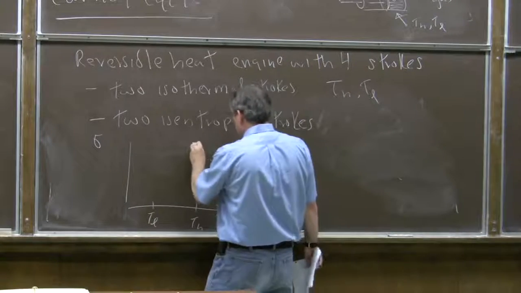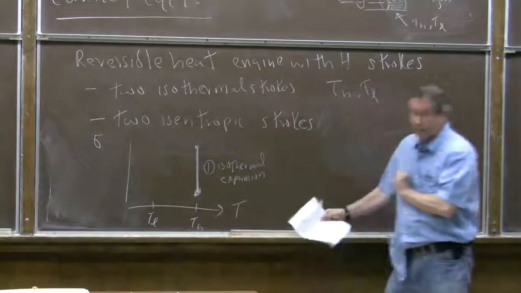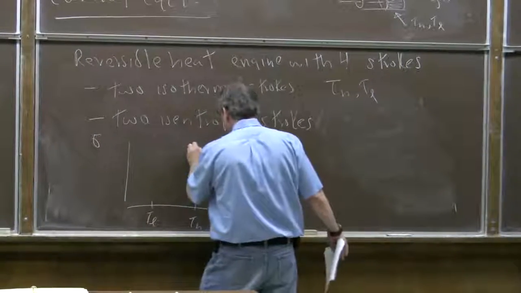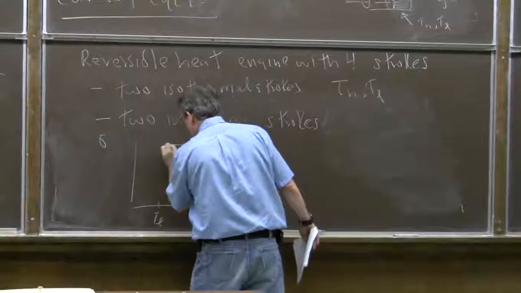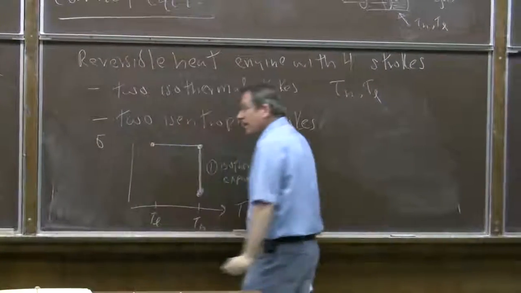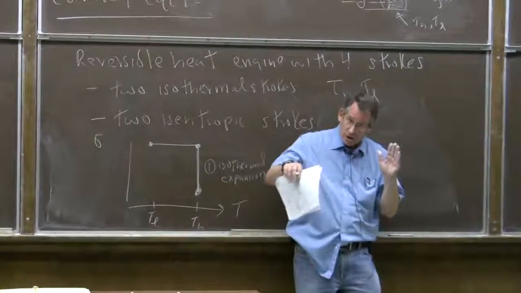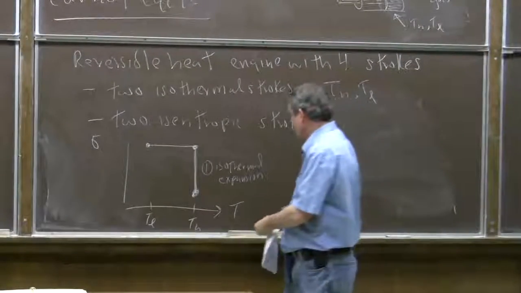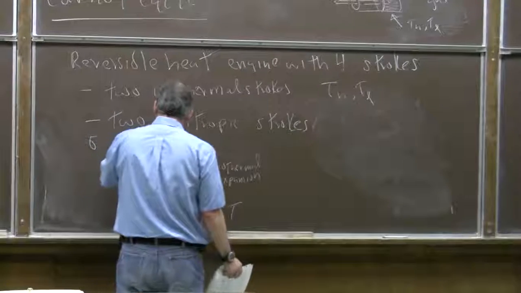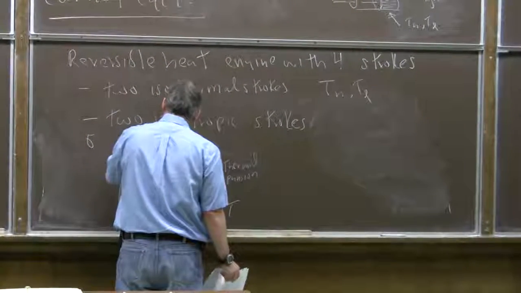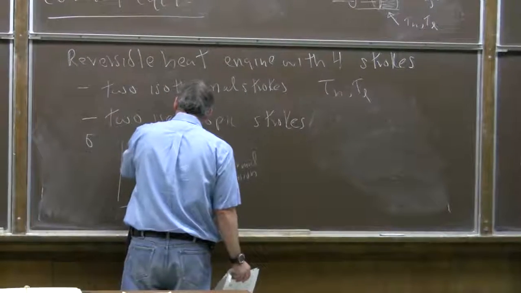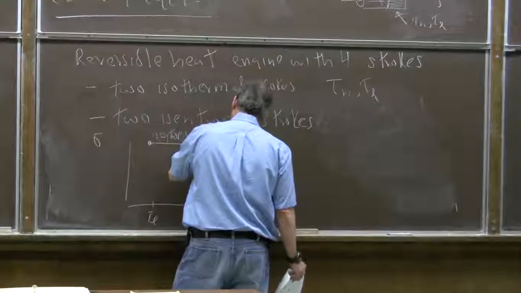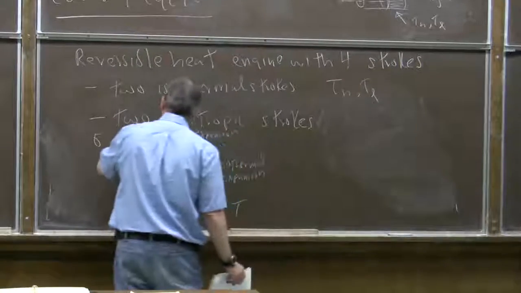In the second stroke, I got to bring the system down to temperature tau L. And I'm going to do that by allowing it to continue to expand, but now no longer in contact with the reservoir. It's got to expand so it continues to do work that will lower its internal energy, bring down its temperature until we reach tau L. So this is isentropic, constant entropy expansion. That's the second stroke.